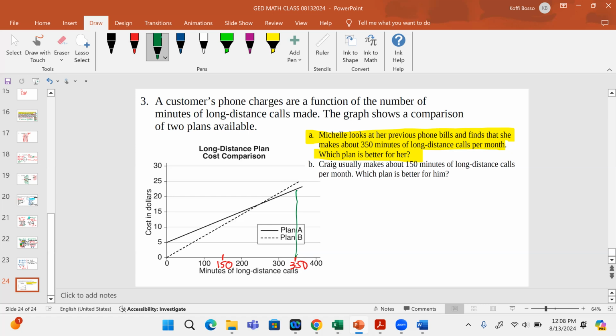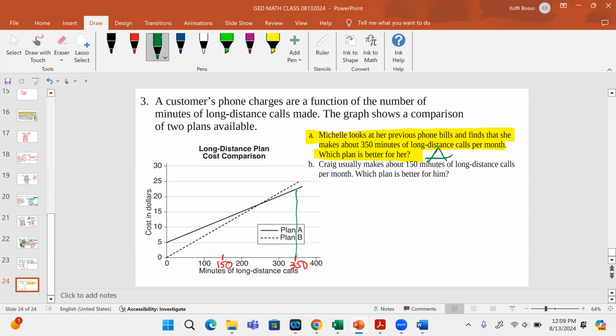Plan A is cheaper. It's cheaper for 350. Okay, 20 something, but the other one goes to 25. Exactly. So that's why the answer for question A is plan A. So far, so good.